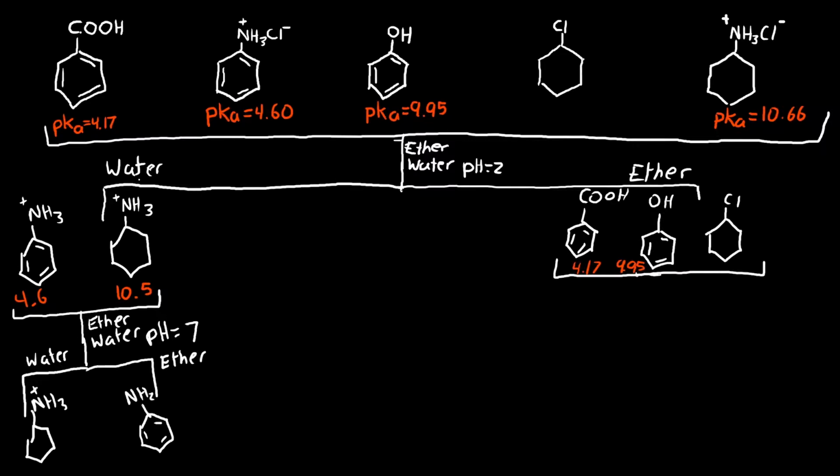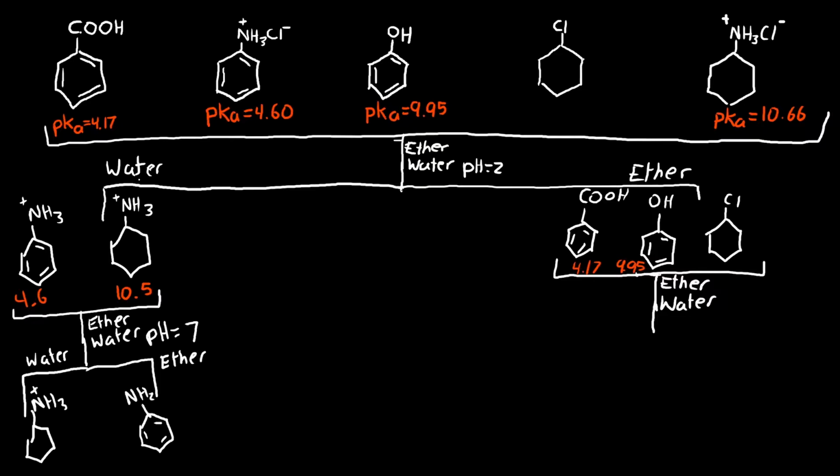Okay, so now if we look at the right side with the 3 compounds in ether, all of them are nonpolar. We want to make some of them polar and some of them nonpolar. So we're going to change the pH of the water while adding ether. We can make the pH of the water 2. If we do that, the first two compounds, the COOH and the OH, won't be able to donate their hydrogen because the solution is more acidic than those two compounds.